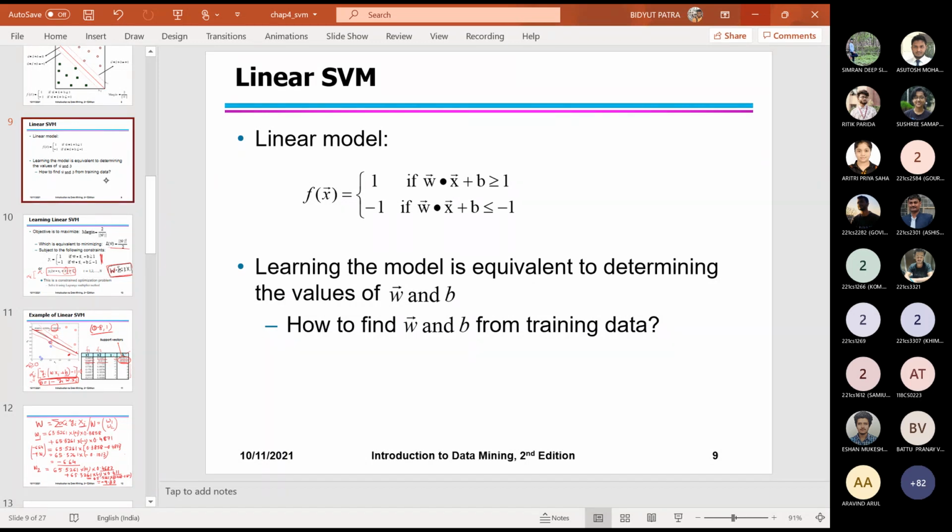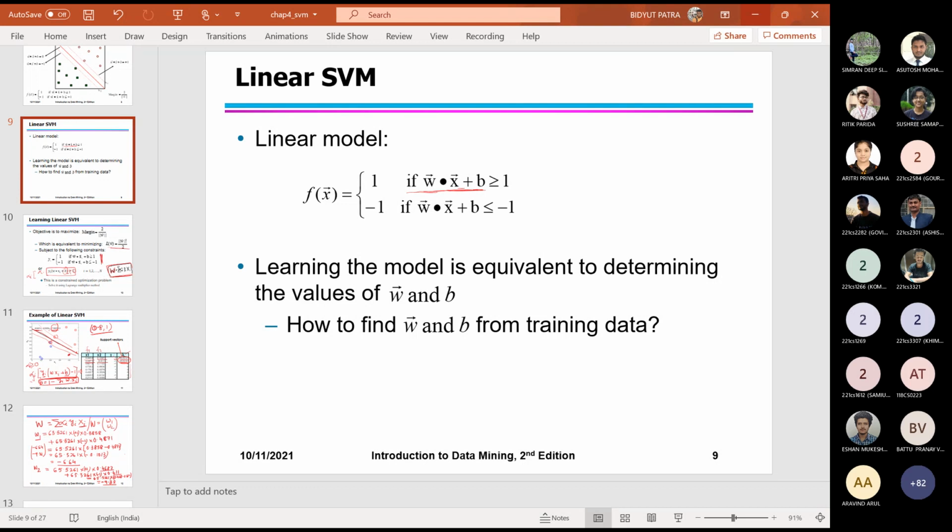Here W is found and B is found. Then what we have to do? If we do the dot product and it is greater than or equal to 1, then it is 1, otherwise it is less than minus 1.